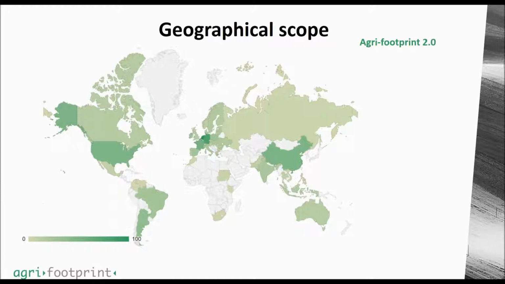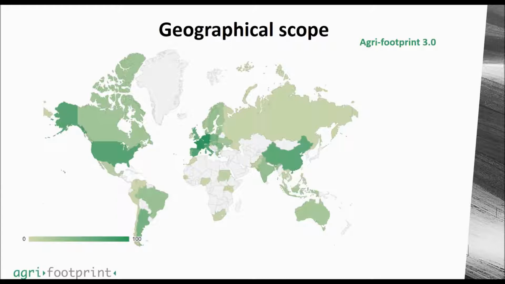Now, moving to Agri-footprint 3, the map is getting even greener. In this version, most of the countries have remained the same. Most of the countries in scope have remained the same, but we have expanded the scope in cultivation phase with the inclusion of seed production.